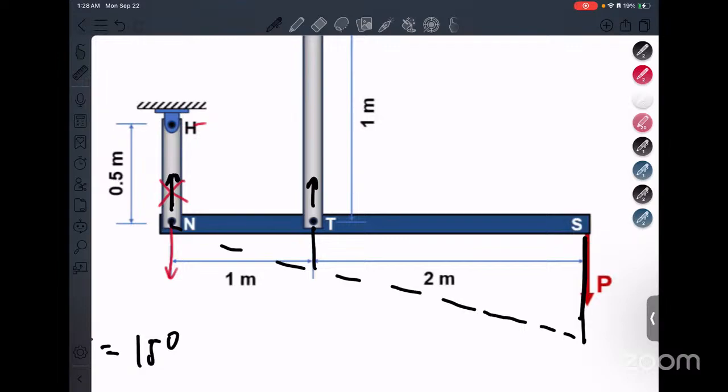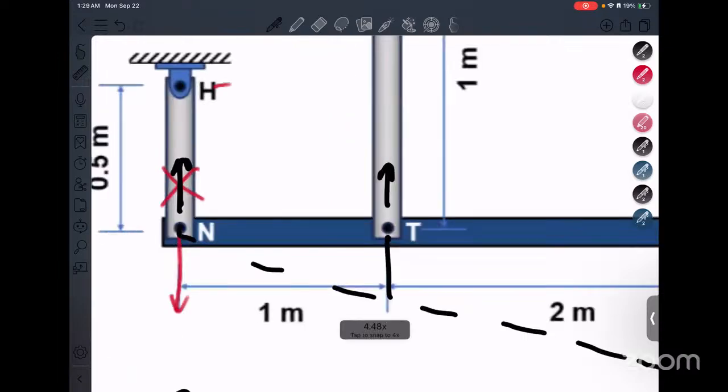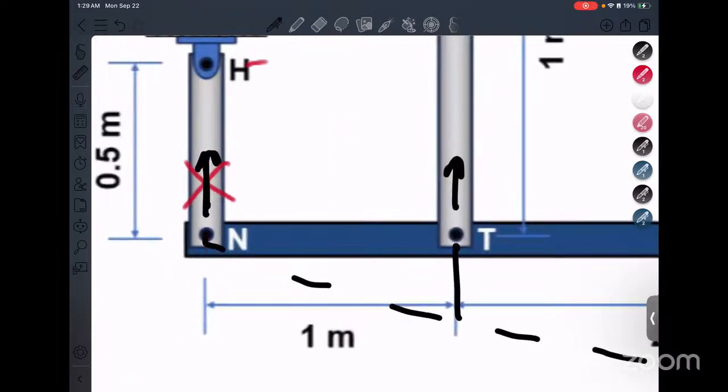But apparently that's not the case because it's negative. So the true force applied by the bar HN on NTS is actually downwards, meaning that it's actually doing a compressive force.